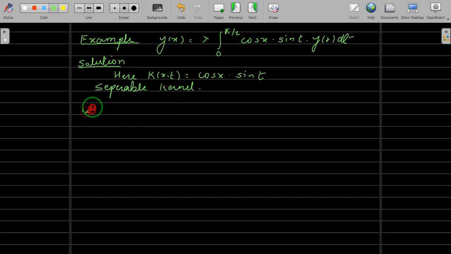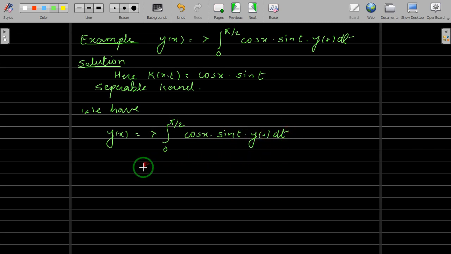So let's take this equation: y of x is equal to lambda integral 0 to pi by 2 of cos x sin t y(t) dt.